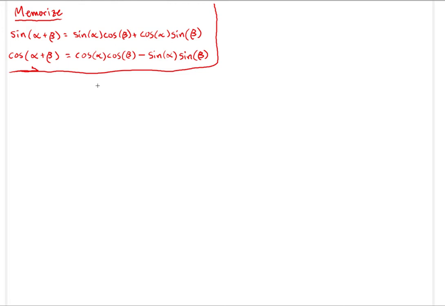So let's say I wanted to know the subtraction formula for sine. The subtraction formula for sine, would you agree, is just saying instead of minus beta, you could say plus negative beta. But then it becomes this formula again.